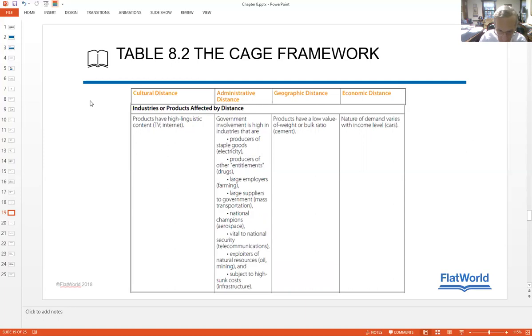Administrative distances, as you can see, there are a lot of them on this slide, and they are meant to reflect all the different types of administrative or bureaucratic barriers that can exist to make it difficult to do business between countries. For instance, a little bit more than halfway down the list, you see national champions.